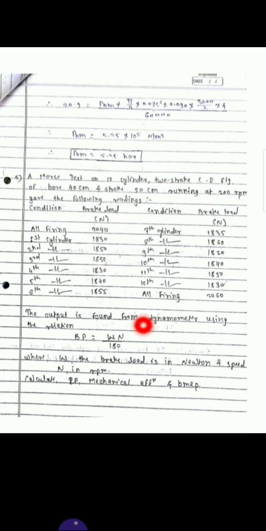By using this formula, we have to find out the brake power when all cylinders are firing, first cylinder, second cylinder, third cylinder, like this, where W is the brake load and N is the RPM. And we have to find out indicated power, mechanical efficiency, and brake mean effective pressure, similar to the previous problem.